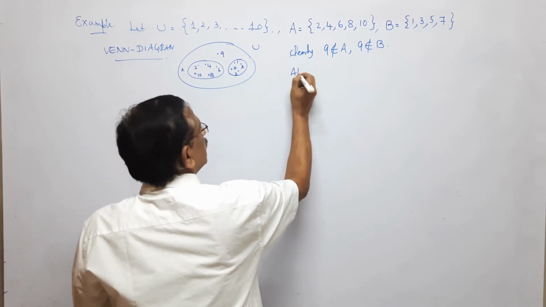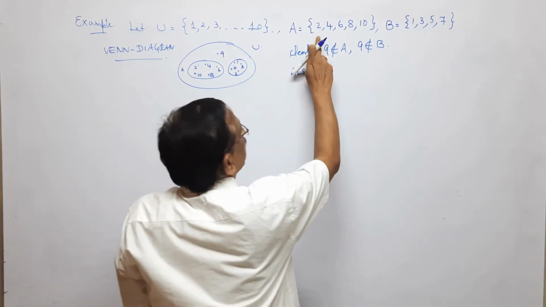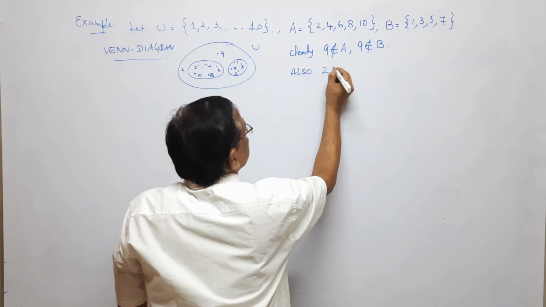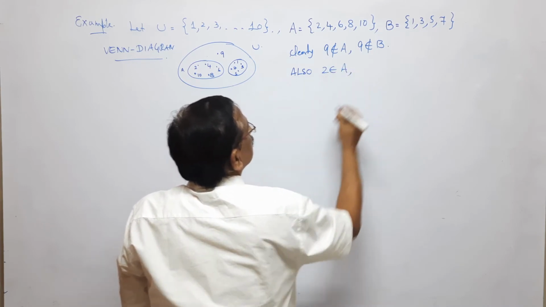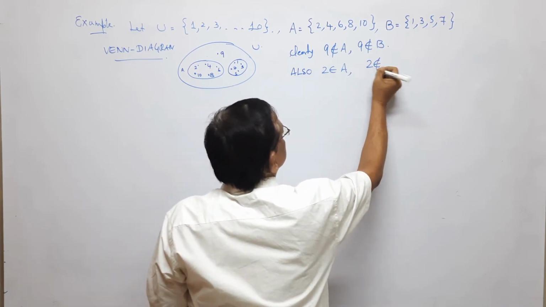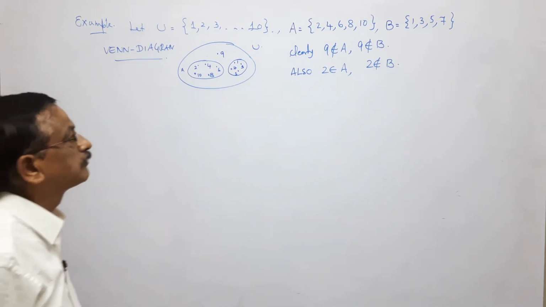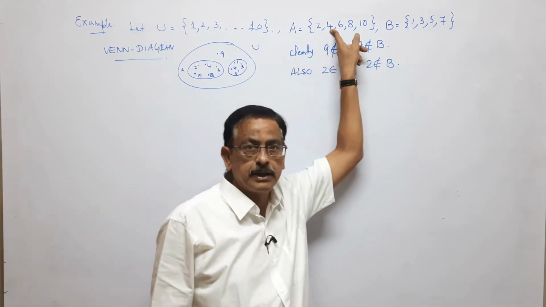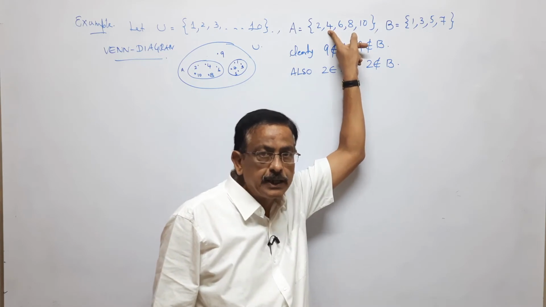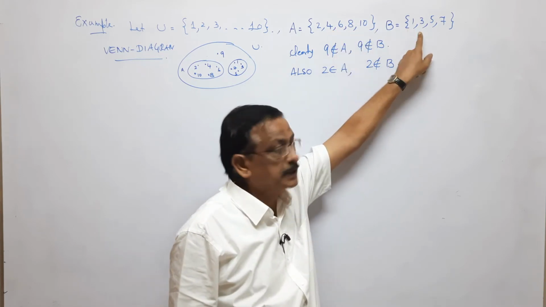Also, let us observe one more fact. 2 is in A, but 2 is not in B. And observe very carefully, no element in this set is in this one.